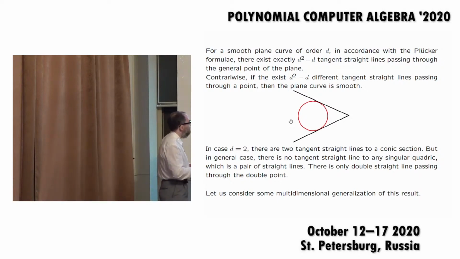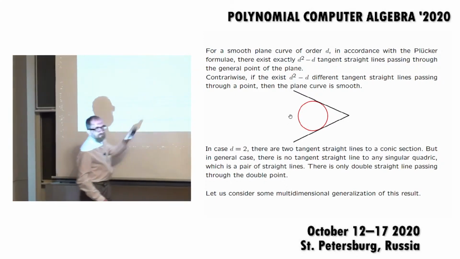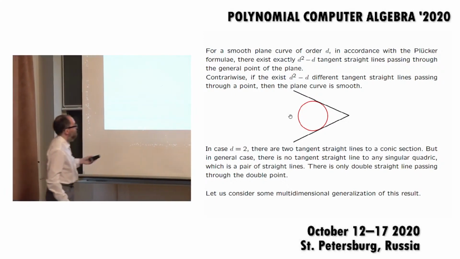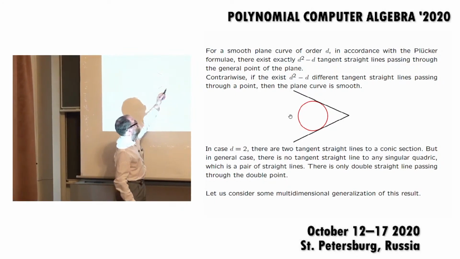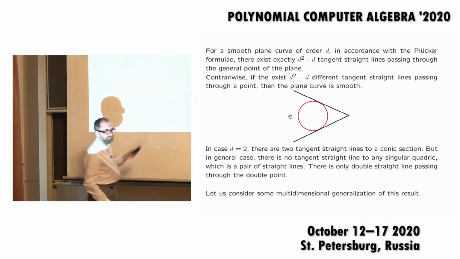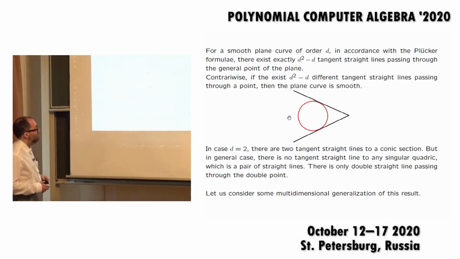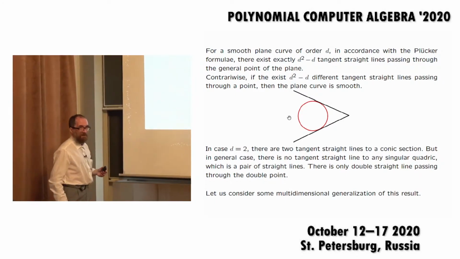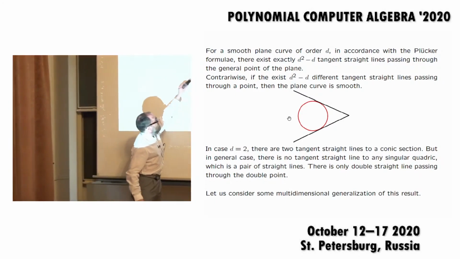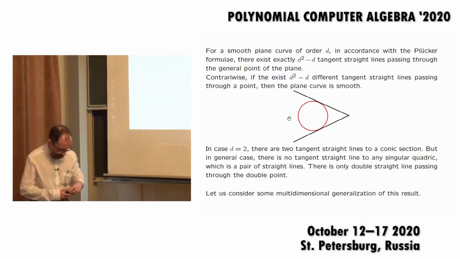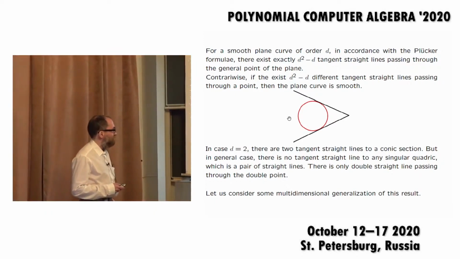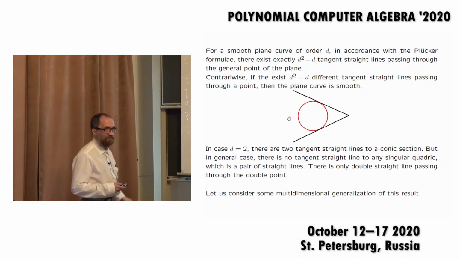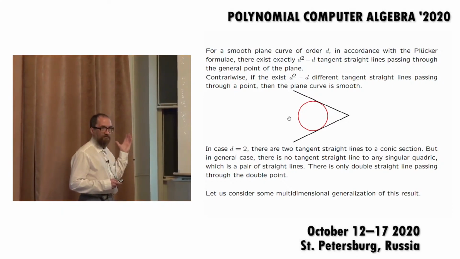If we consider the 2 lines as a singular curve, then from a point passing no tangent line. But in this case, there are straight lines passing through a singular point. And I shall consider a multidimensional generalization of this very old result.